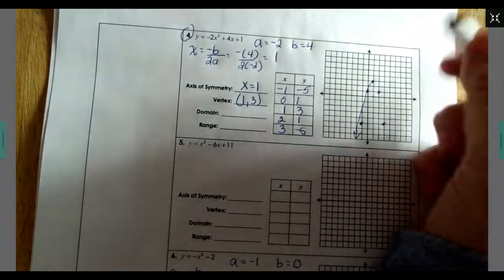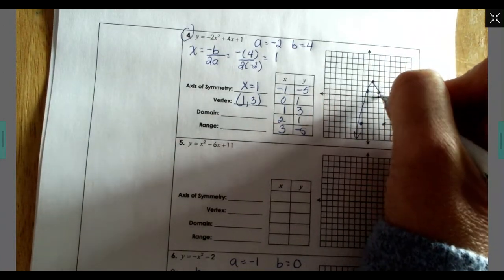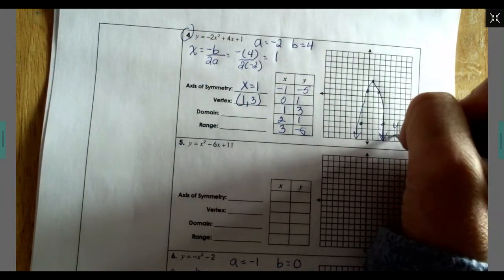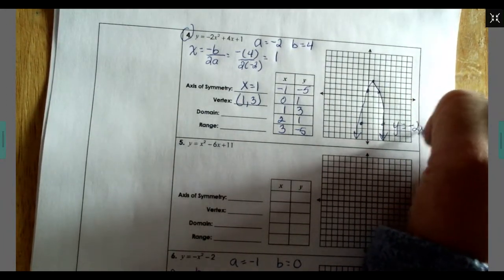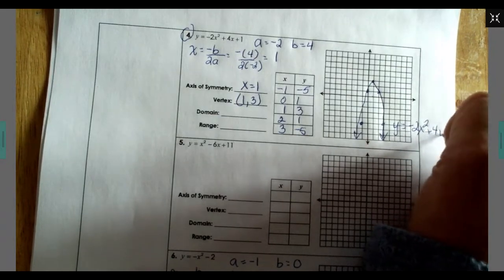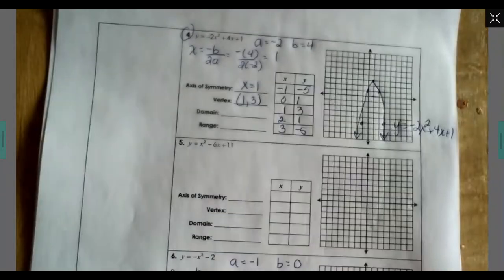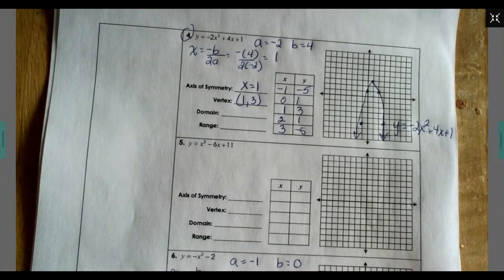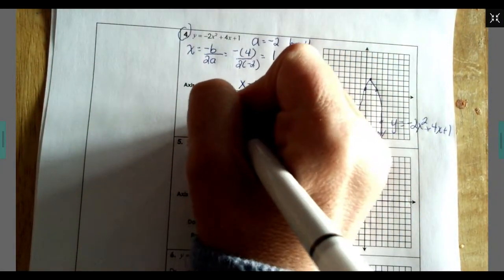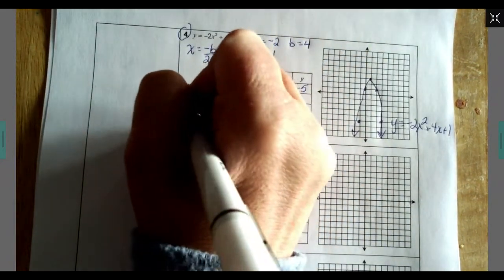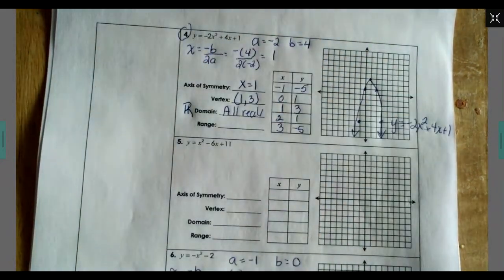And then we draw a U shape. Arrows on the end and label. And then we should remember that the domain is all reals, which we can represent like this if you prefer.